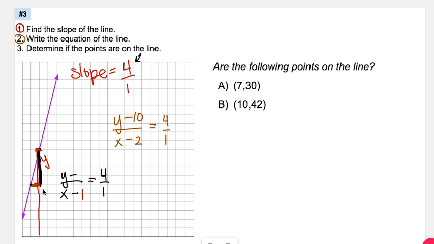So I need to get rid of this whole section here. I want that gone. So I have my y as my vertical distance minus 1 unit, 2 units, 3, 4, 5, 6. So I'm going to take my y distance and take out these 6 units.